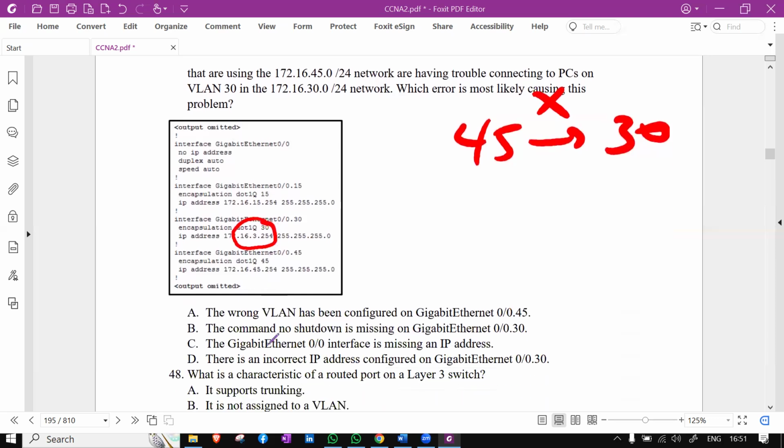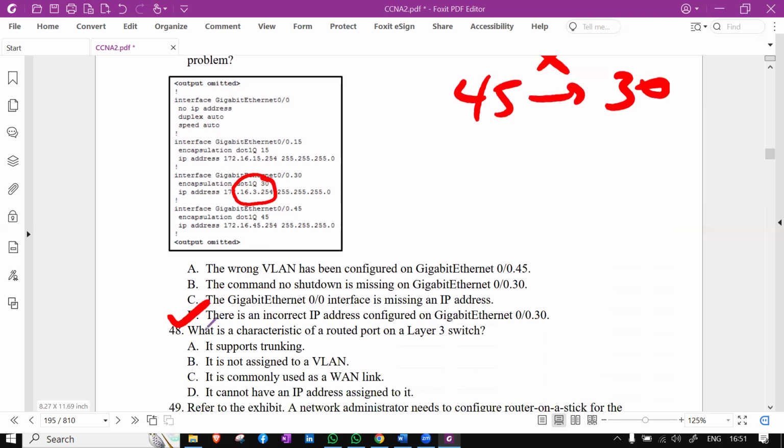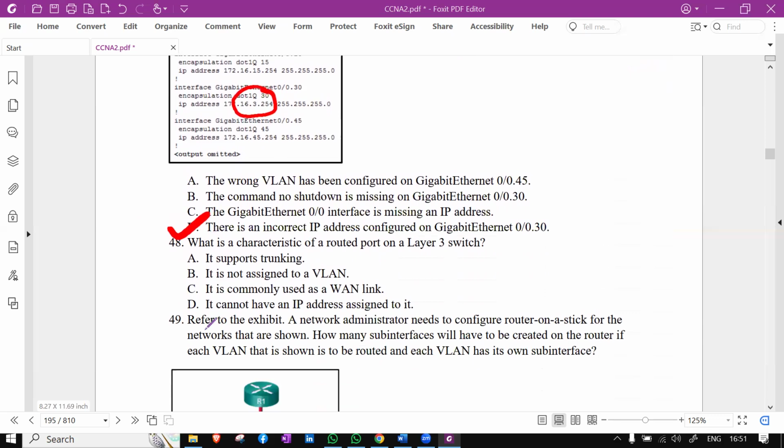So our answer here: wrong VLAN has been configured, no. The GigabitEthernet 0/0 interface is missing an IP address, no. Incorrect IP address on GigabitEthernet 0/0.30, answer D.